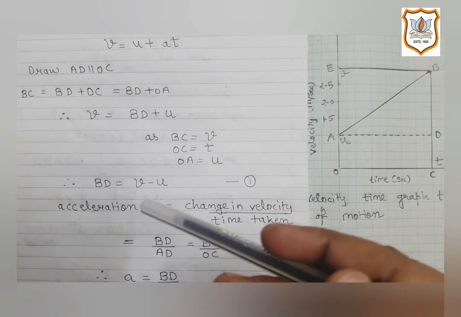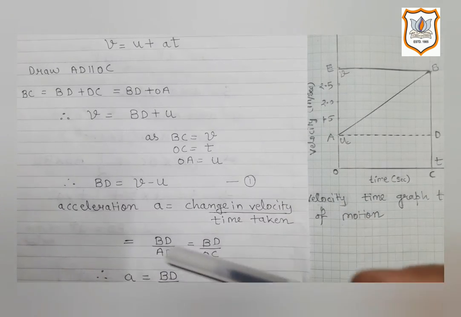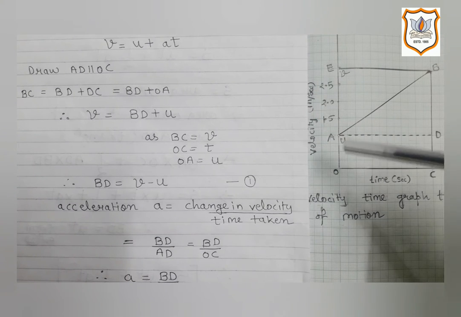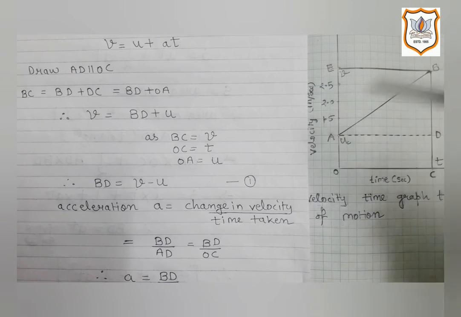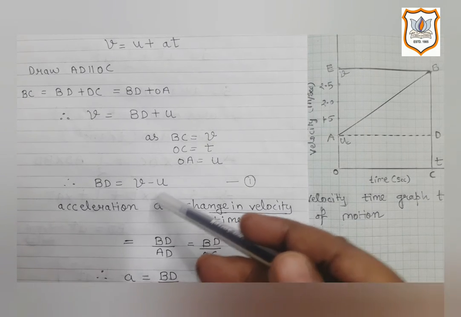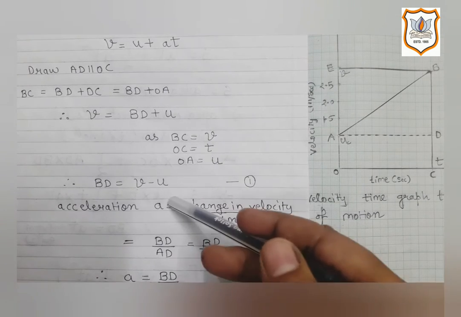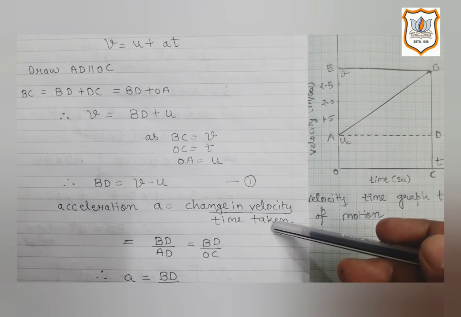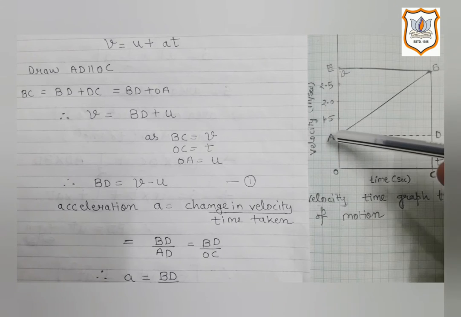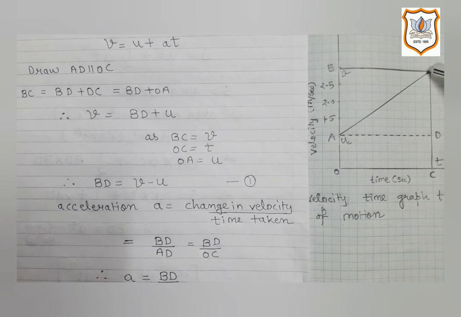Now, as we know, in the velocity time graph we have plotted, the object is moving under uniform acceleration. So what is the relation of acceleration? Acceleration, that is a, is equal to change in velocity upon time taken. Here the velocity is changing from A to B, so BD is our change in velocity.